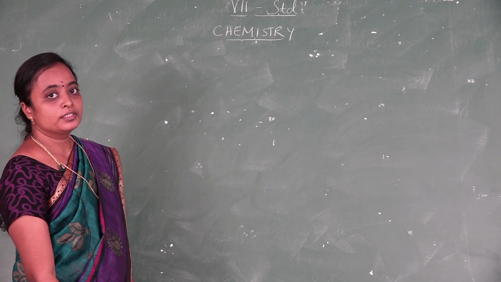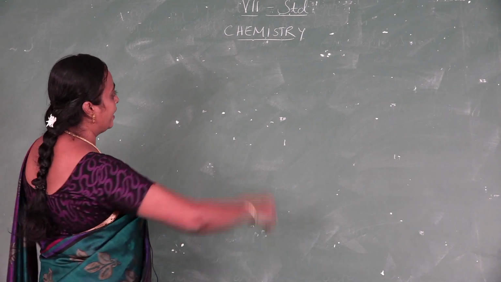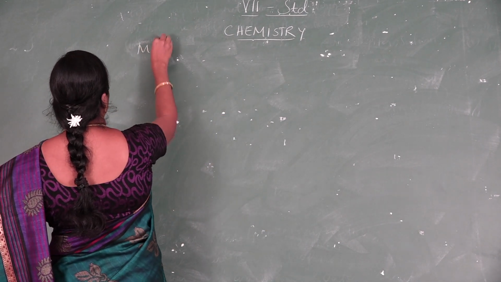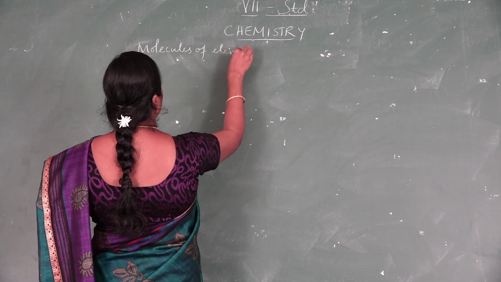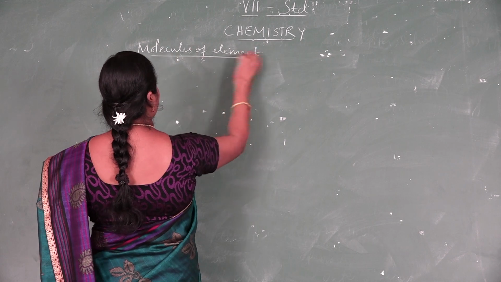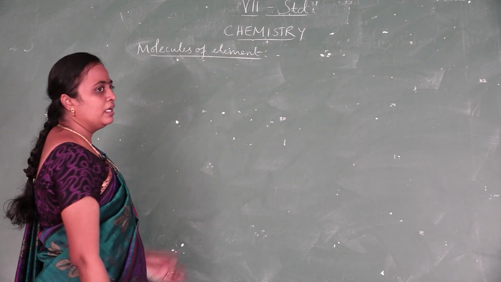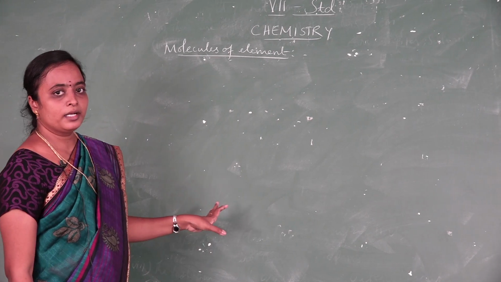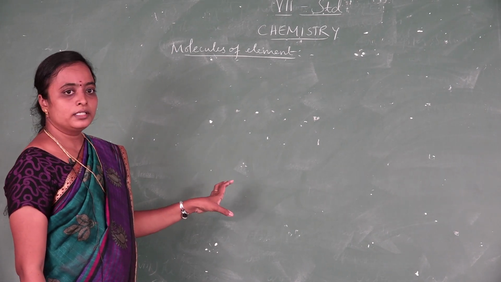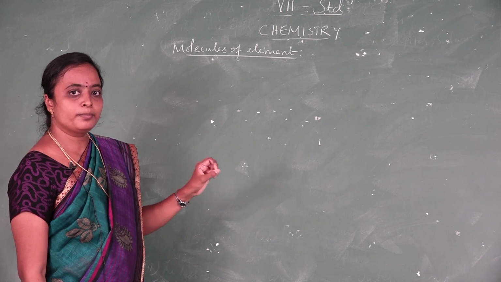Okay, next we are going to see about molecules of an element. So what is the meaning of molecules of an element? It is nothing but a molecule that consists of the same type of atom.